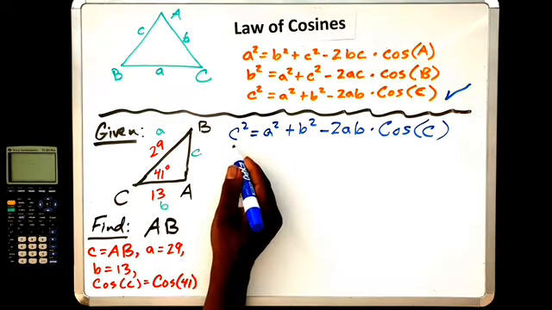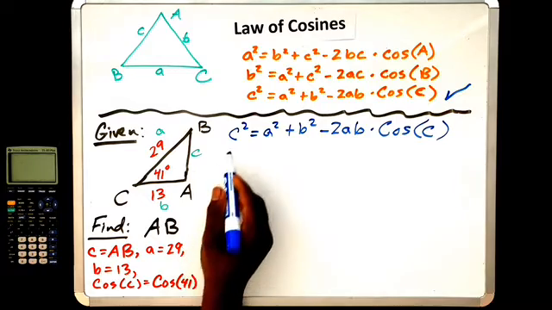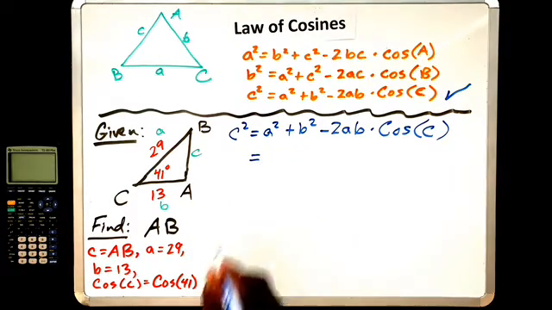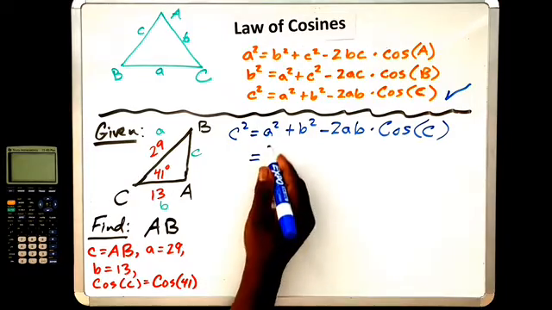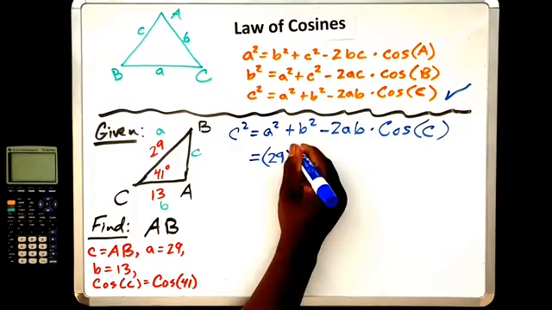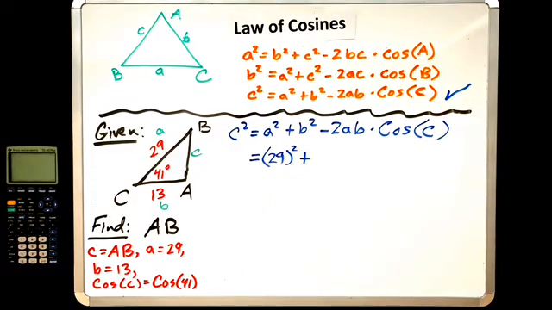Well, we don't know what C squared is because we're trying to find, we don't know what C is. We're trying to solve for C. So I'm just going to bring that down, bring the equal sign down. And A squared, A is 29. So we write 29 squared plus, okay, B squared, B is equal to 13.